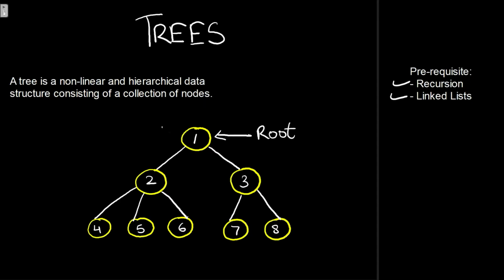The first node in a tree is called a root node, and these are called the edges. The node which has no child is called a leaf node, like 4, 5, 6, 7 and 8. These nodes have no children, so these are called leaf nodes. Now 4, 5 and 6 are children of the node 2, and 2 is the parent of 4, 5 and 6.